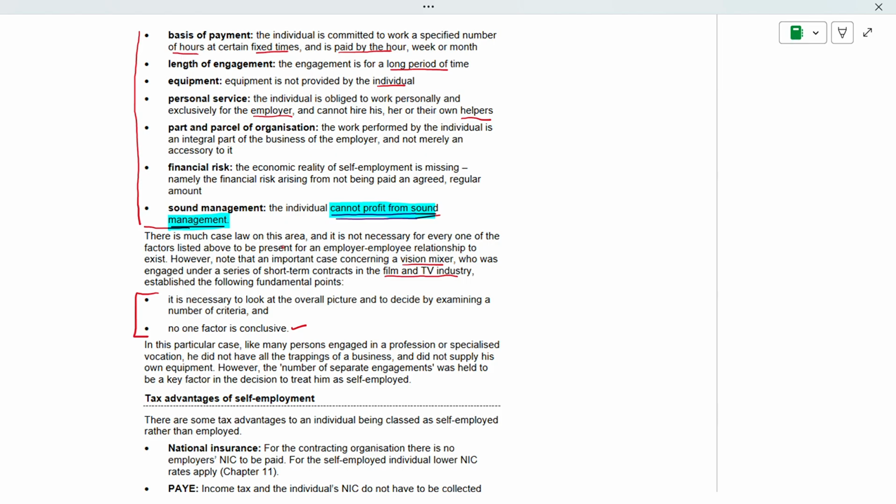Like many persons engaged in a profession or specialized vocation, he did not have all the trappings of a business and did not supply his own equipment.